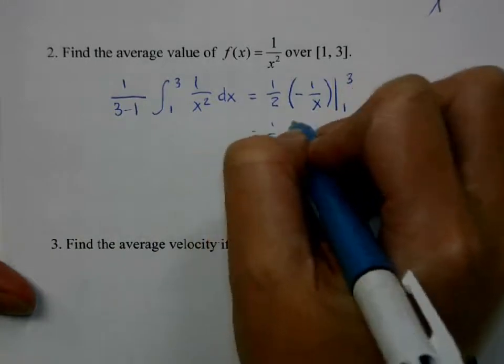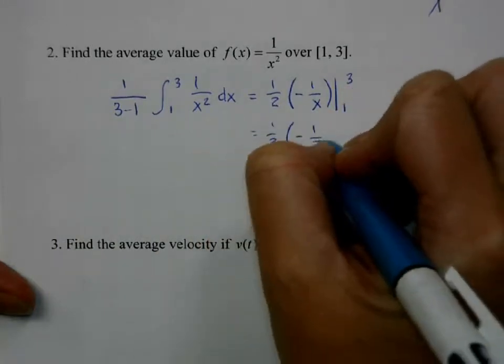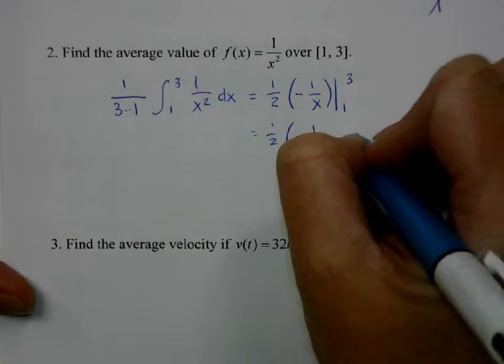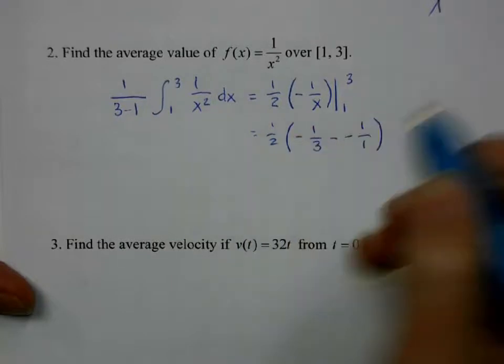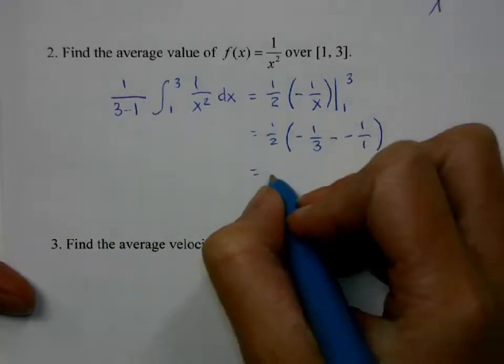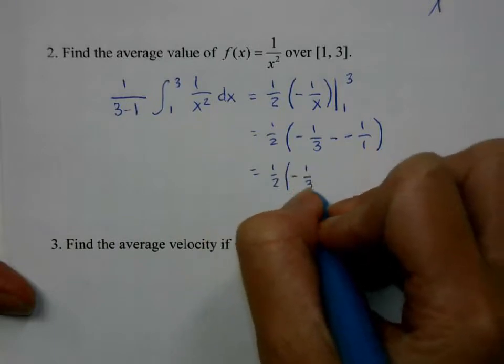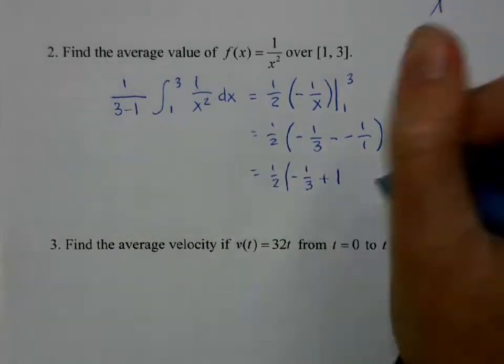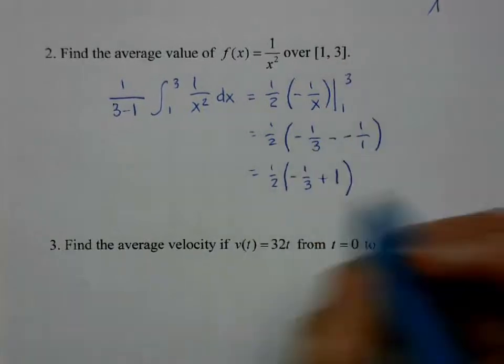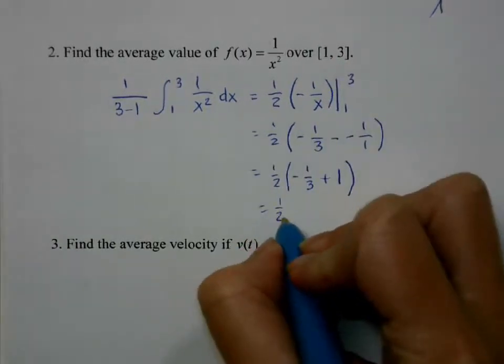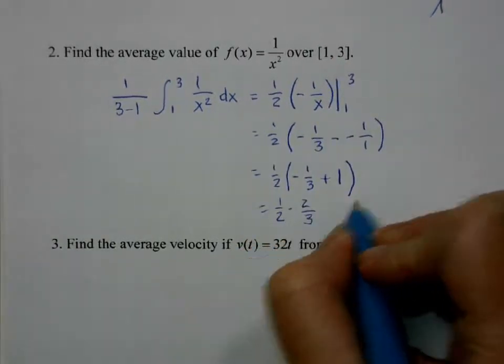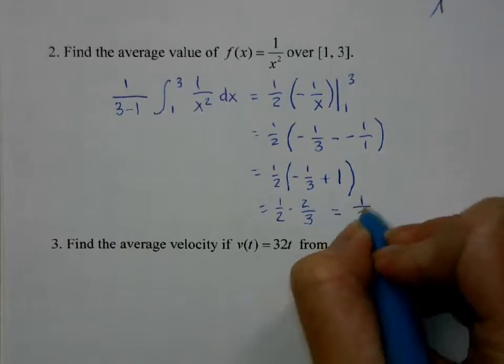So 1/2 times negative 1/3 minus a negative 1 over 1. So negative 1/3 plus 1. So that'll be 2/3. So we get an average value of 1/3.